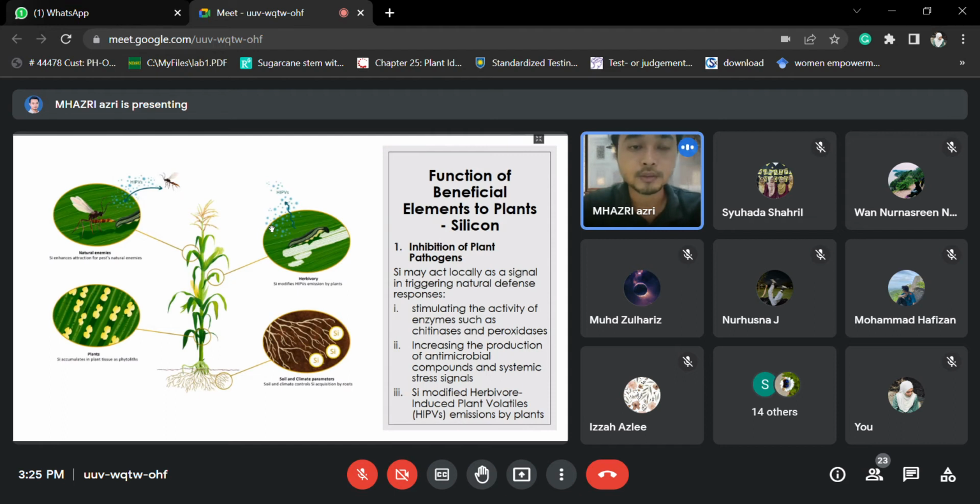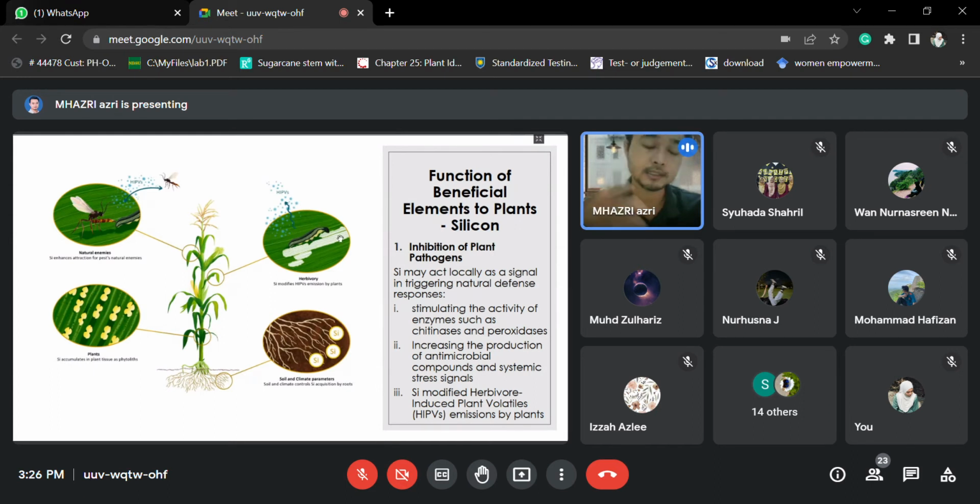Okay, so dekat serangga, chitins ni berfungsi sebagai exoskeletons of the insects. When the insects, for example, feed on the plant leaf, plant will release this chitinase. So the chitinase will cause injured kepada pest ni tadi.